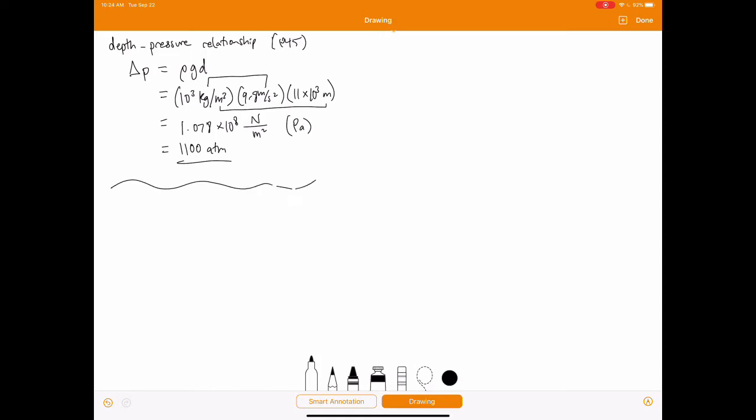So let's think about what that looks like. Let's say we have, at sea level, a chunk of water here.